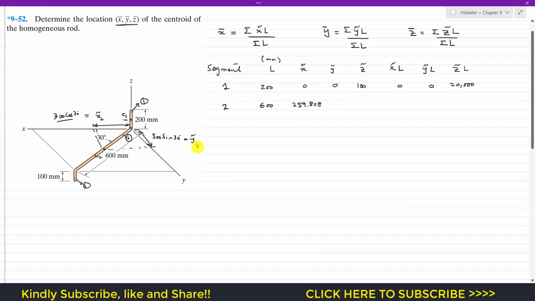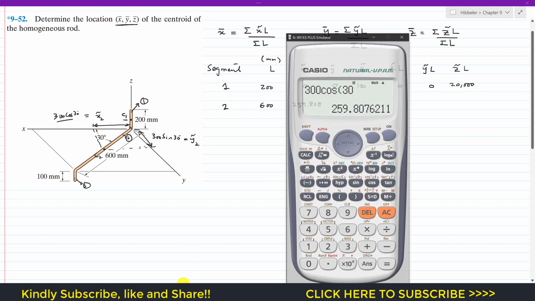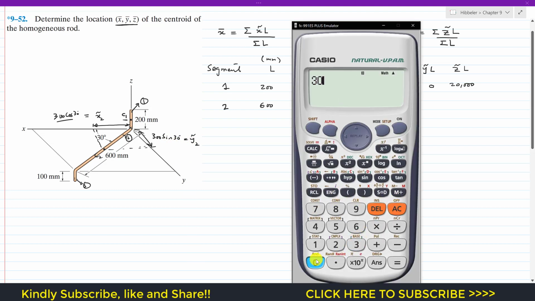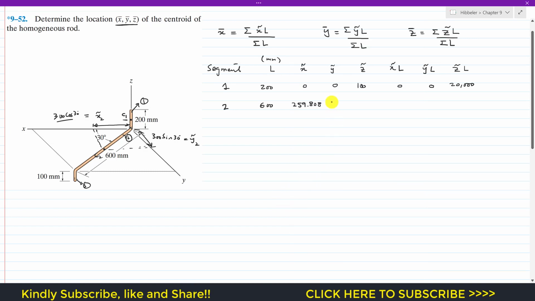Similarly y tilde of segment 2 is 300 sine of 30, which gives us 150. And since C2, the centroid of this segment 2, is lying in the xy plane, the z tilde coordinate is 0. So we write that this is 0.